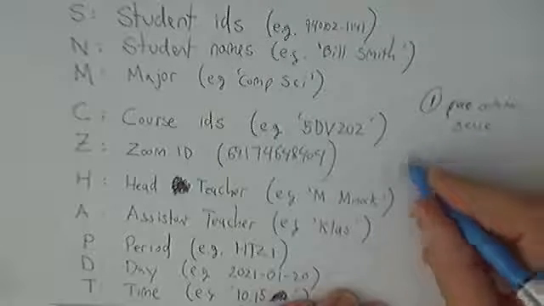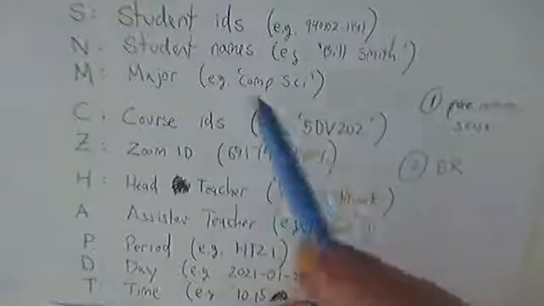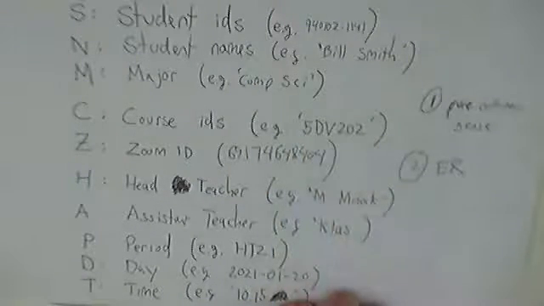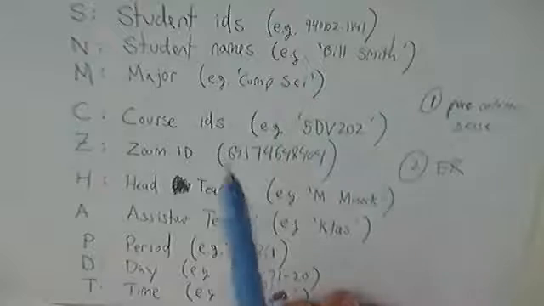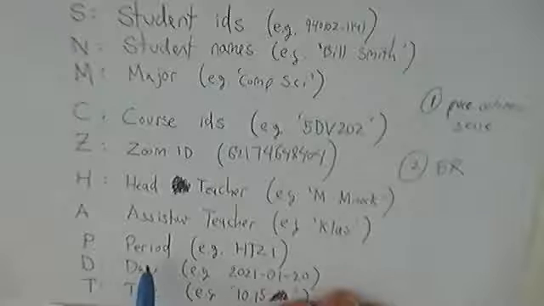Another way to do this is that we try to do this with ER. So we would have entities like students, we'd have an entity like a major, and then it gets a little complicated because we have the entity of a period, the entity of a day, the entity of time.